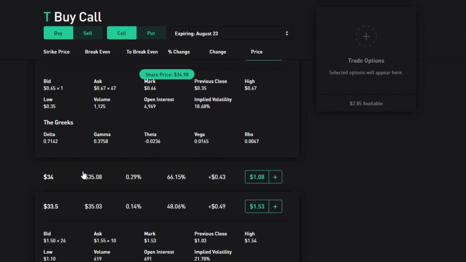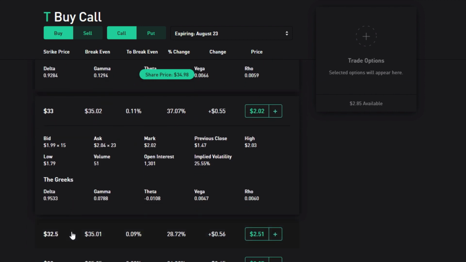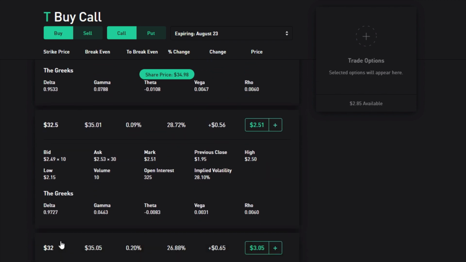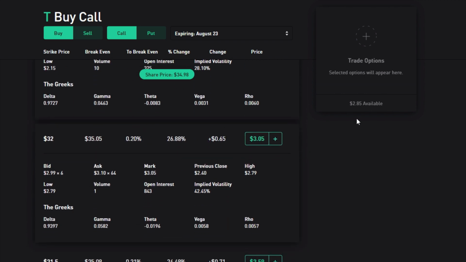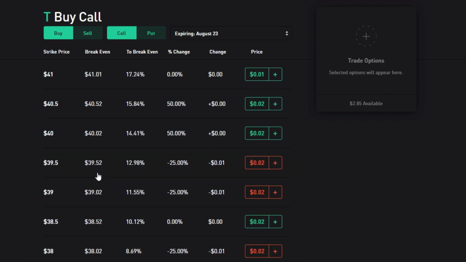So this one's 92, this one should be in between those, and so on. And the more in the money, the closer to $1, because for each dollar that the security would move, the delta would move $1 because these contracts are in the money. And likewise, the delta of out of the money call options will get closer to 0 as expiration approaches.